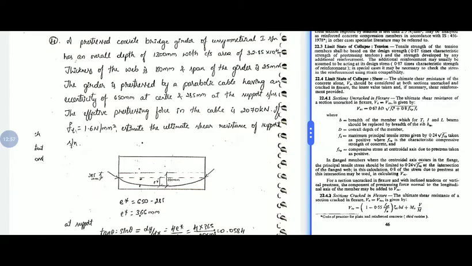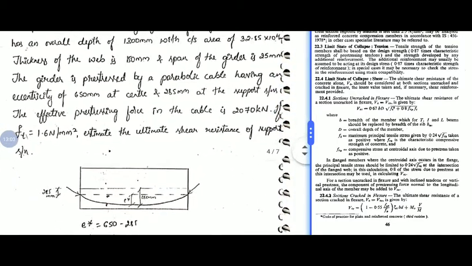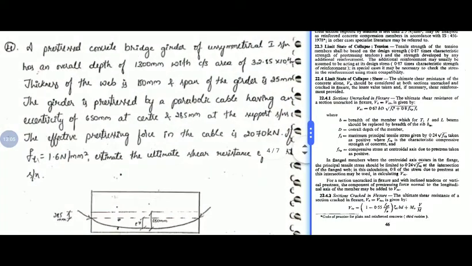So in this problem, there is a small difference. Area is given, overall depth is 1300 mm, web thickness is given as 150, span is 25 meter. But you should observe the profile of the cable, parabolic, eccentricity of 650 at the center.